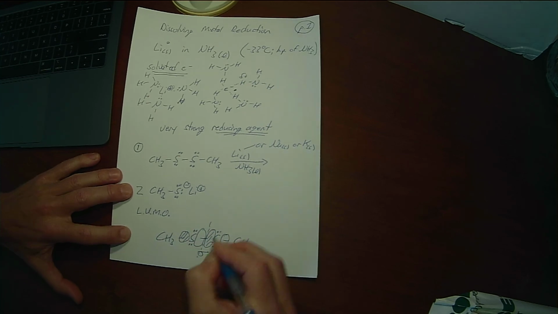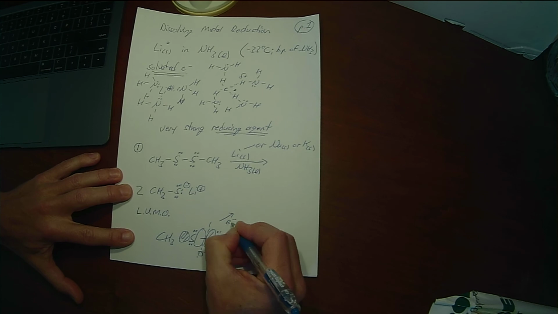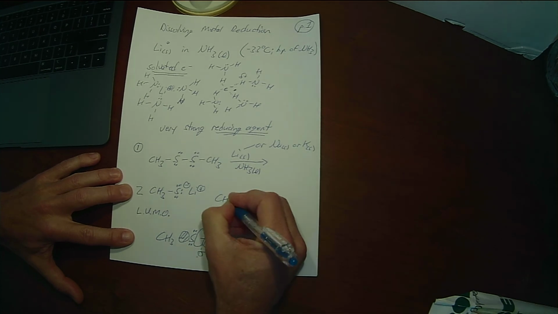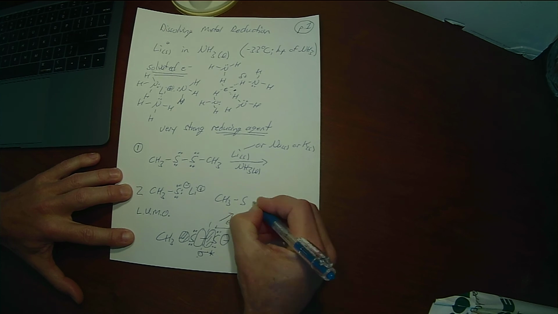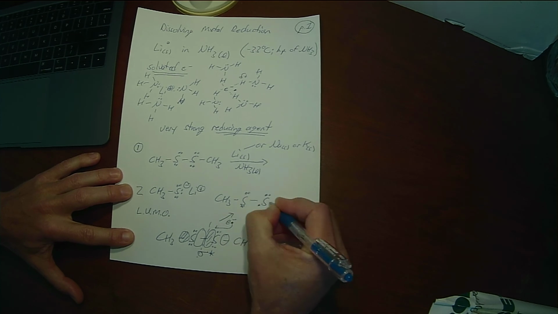If I donate an electron into that, that electron will go into that orbital. What I end up with is weakening that bond and creating what we call a radical anion.